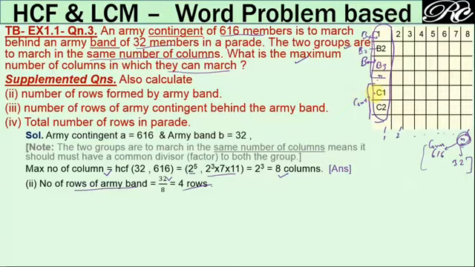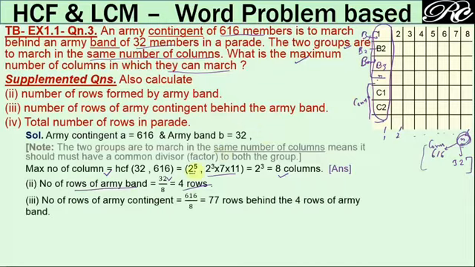So let us also calculate the number of rows in which contingents are marching, which are behind this band. So the number of rows by contingent is given by the total number of contingent divided by the number of columns in which these contingents are divided.